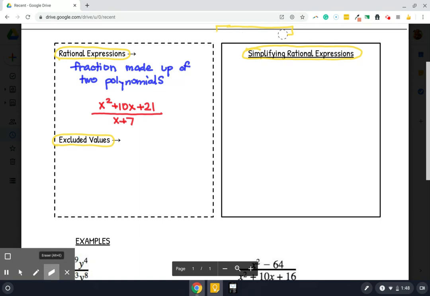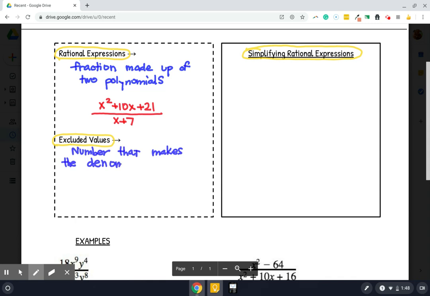So for us, an excluded value is always tied to the denominator. Any number that makes the denominator equal 0 if you plug it in is going to be considered an excluded value, because we do not want to have 0 in the denominator.